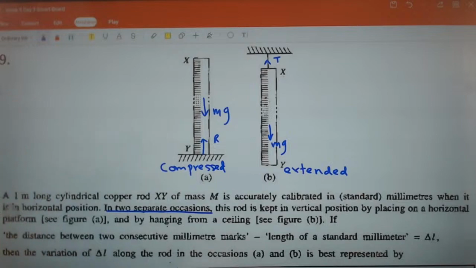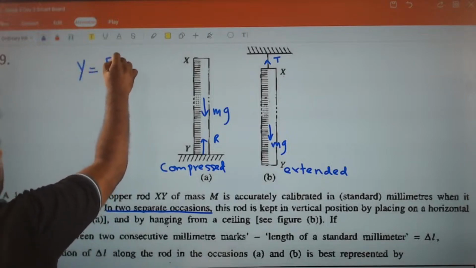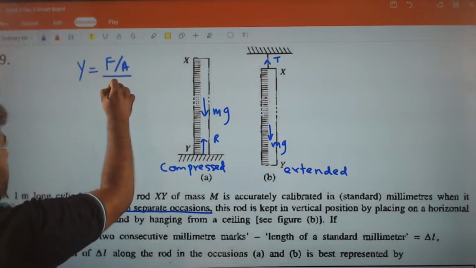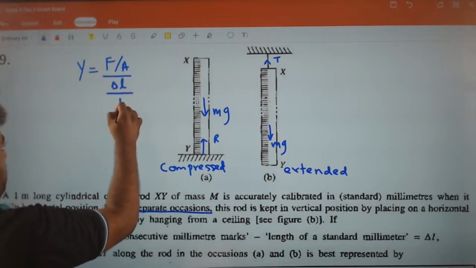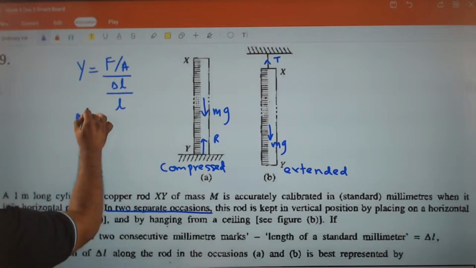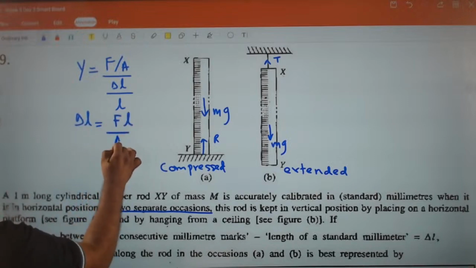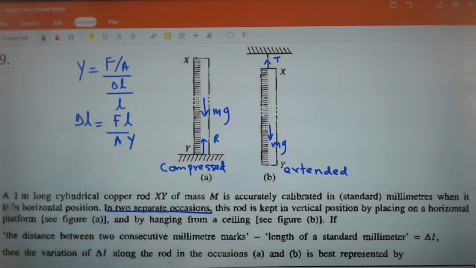Young's modulus is stress over strain, force over area, delta L over initial L. Cross multiply, delta L is equal to FL over A Young's modulus.